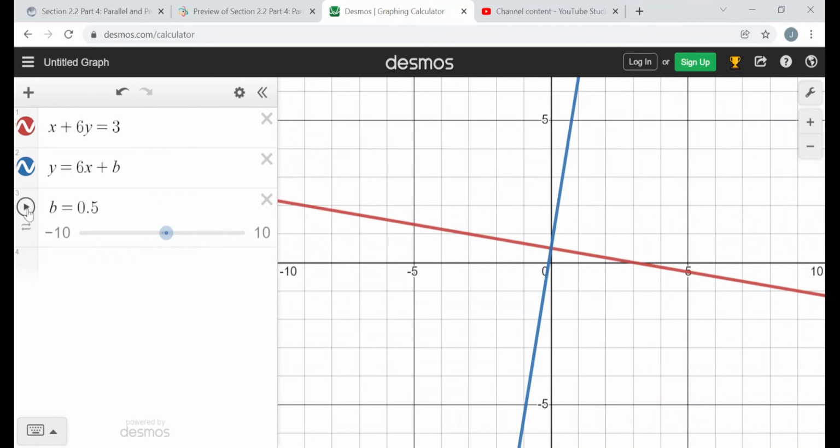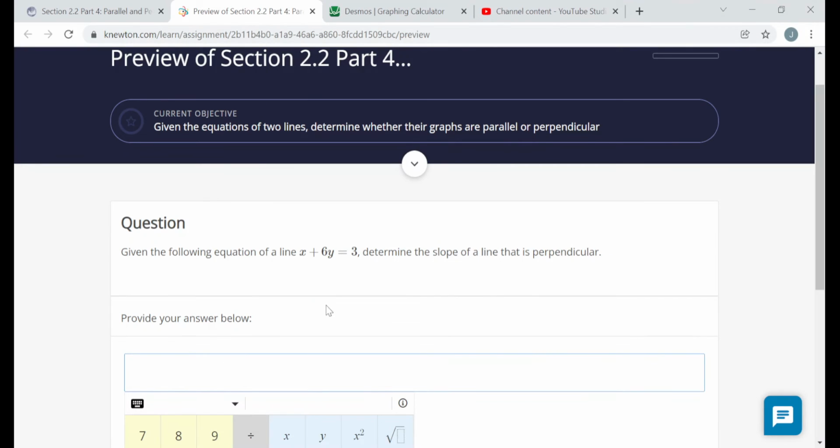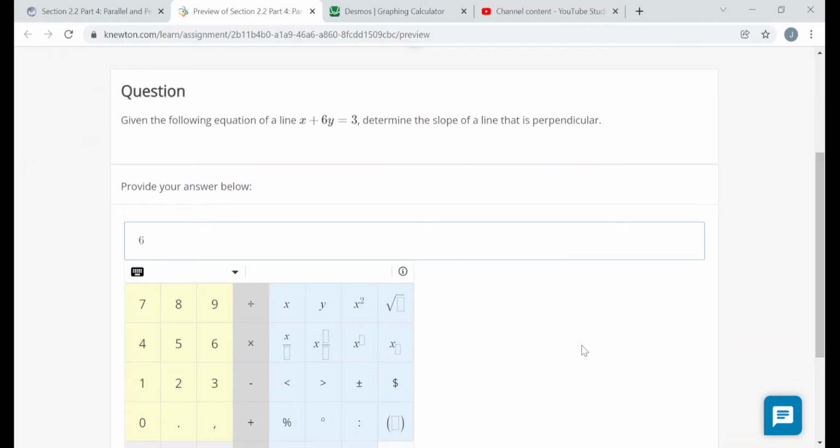See, if I just change b, hit play, that graph, no matter what b is, is perpendicular to the original graph that we were given. Right, meeting at a 90-degree angle. Good. But yeah, so all they wanted though was the slope of any perpendicular line, which would be 6, positive 6.